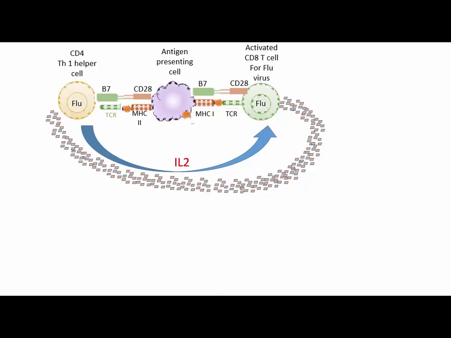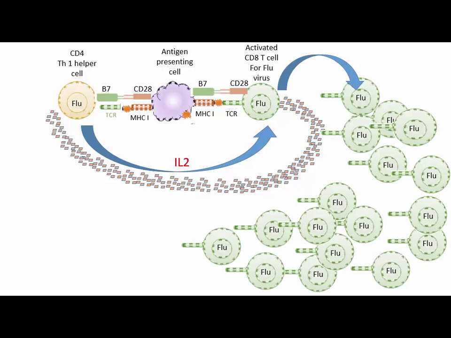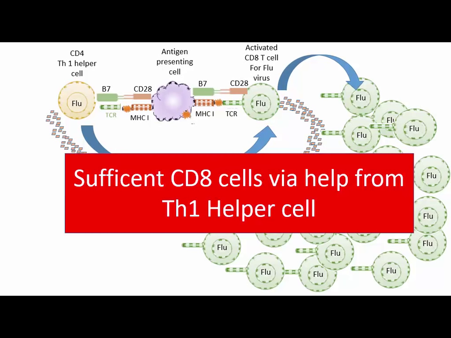So the help that we got earlier, the Th1 cell, releases IL-2, which causes the activated CD8 cell to start proliferating. And again, that step is called clonal expansion. So what we have now is sufficient numbers of help and sufficient numbers of effector cells. And at that point, we have all the tools to eradicate the pathogen.